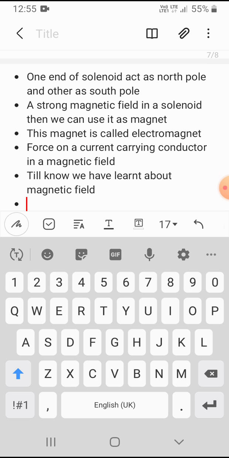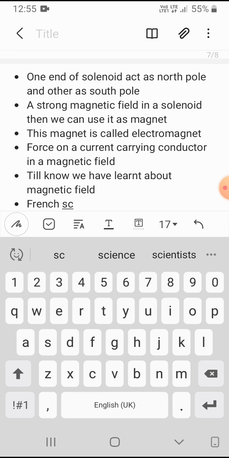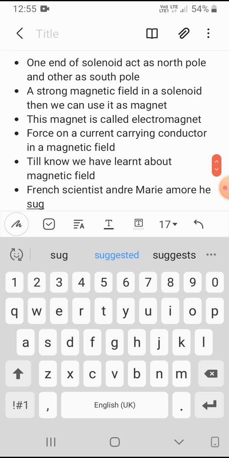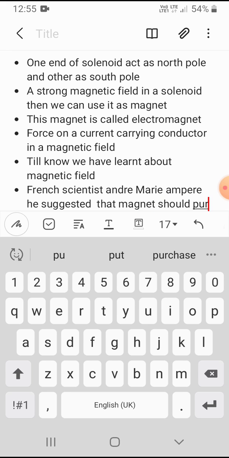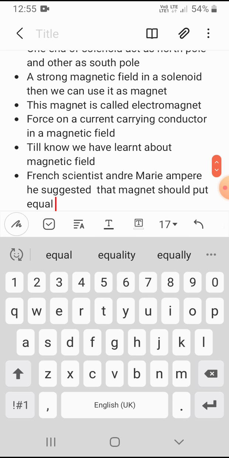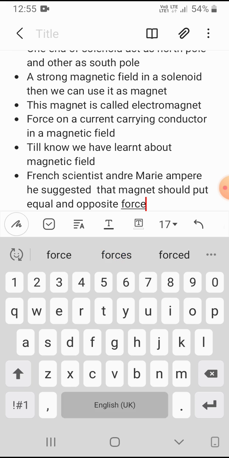A French scientist whose name is Andre Marie Ampere suggested that a magnet should put an equal and opposite force on the current carrying conductor.